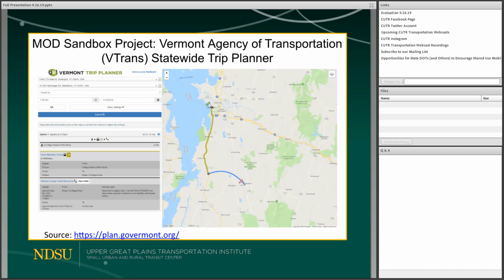Providing trip planning for flex route, hail a ride, and other non-fixed route services at the state level is not available, and this MOD sandbox research effort deals with filling this gap. And the Open Trip Planner platform has been developed in such a way that it can be adapted, utilized, and scaled elsewhere in the US if needed.